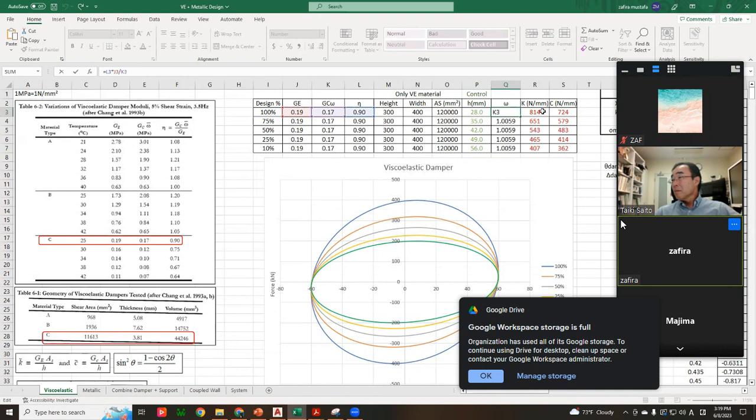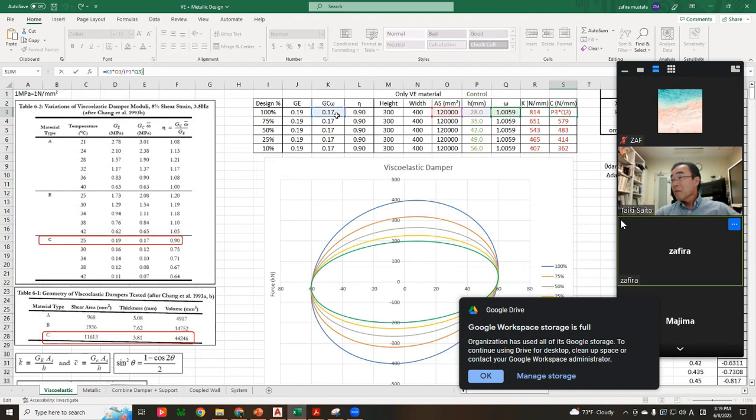No, Sensei. Only the K depends on GE and the thickness and the area of the shear. How about C? Oh, yes, C. But C involves omega. Yes, Sensei. How about GC?